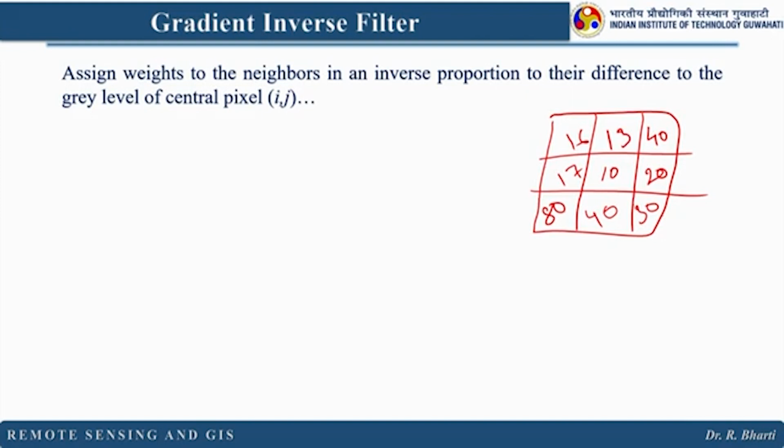So here how do we assign the weightage? It assigns weightage to the neighbors inversely proportional to their difference in gray levels from the central pixel. So here more weightage will be assigned to the values which are closer to this central pixel value, and less weightage to all those values which are very different from the central pixel.